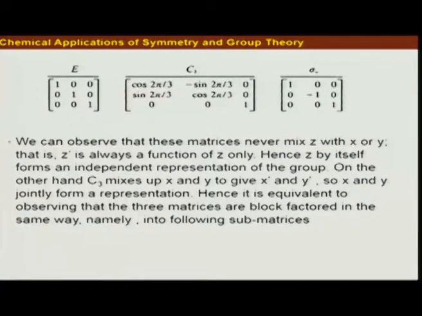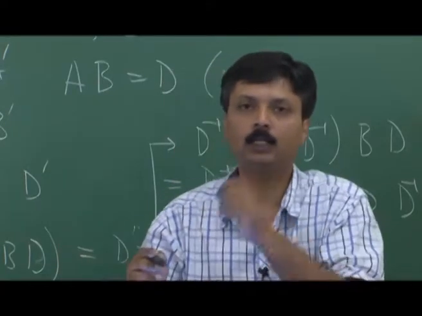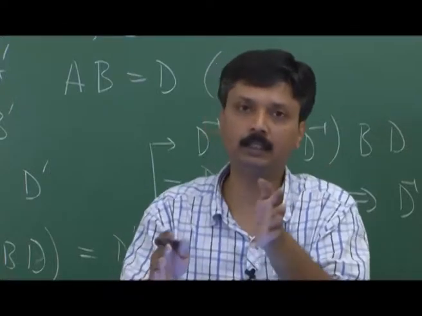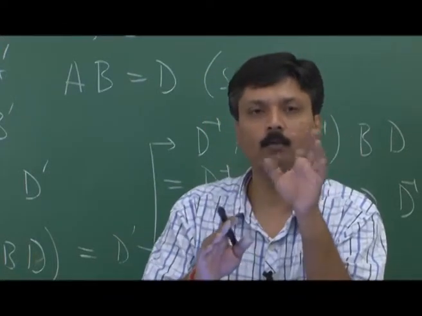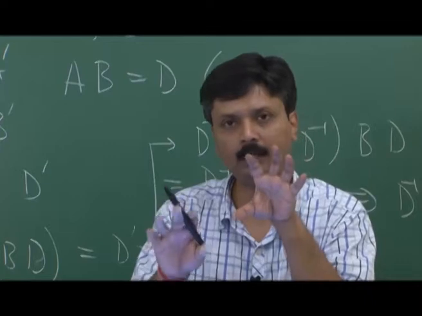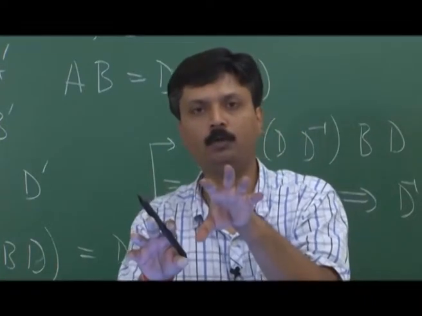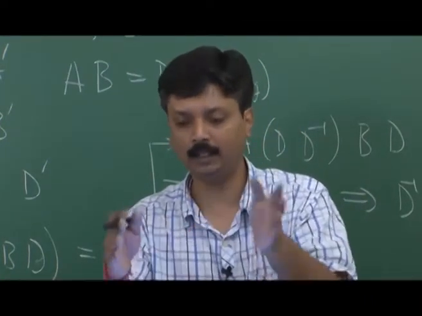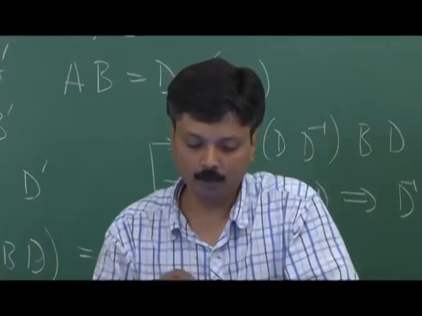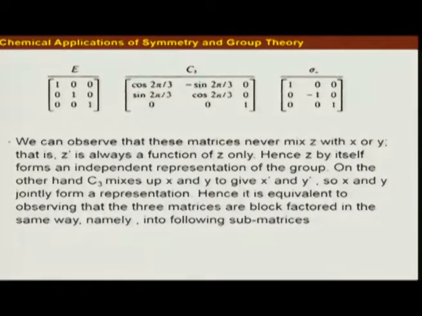X and y always transform together. Okay, so they always transform together to form a representation. So that's why when we form this matrix representation, if you remember, we form for xy and separately z, and altogether we put all xyz and get this 3 by 3 matrix. So here we can see that C3 mixes x and y to give x prime and y prime. So x and y jointly form a representation.